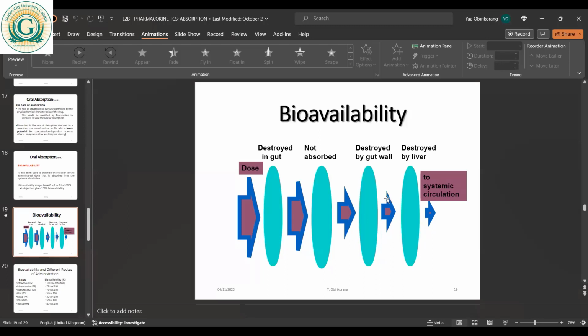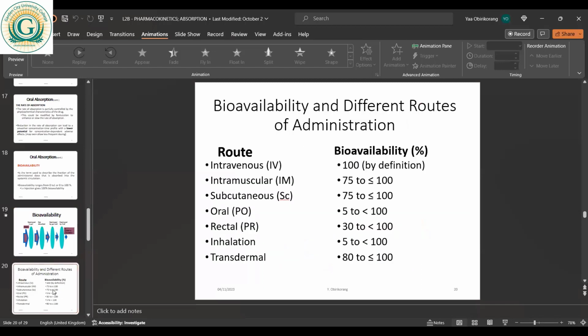And when the drug goes through the first pass effect, some of it will be destroyed also by the process of the first pass effect. And so finally, what will reach systemic circulation is much lower than what you started with.